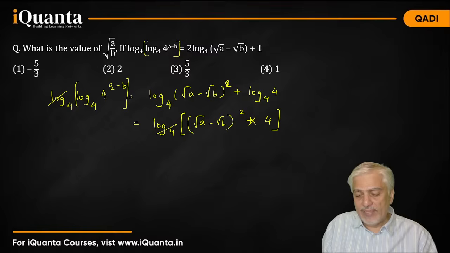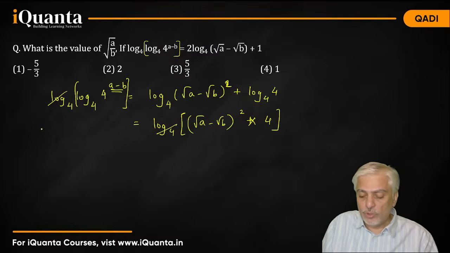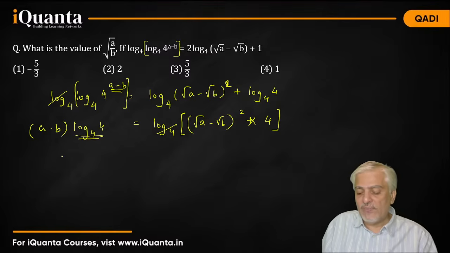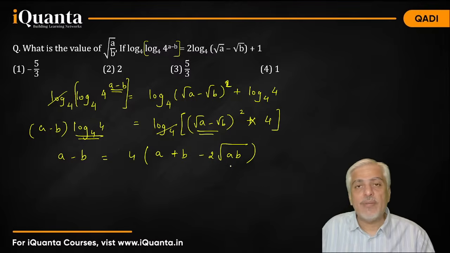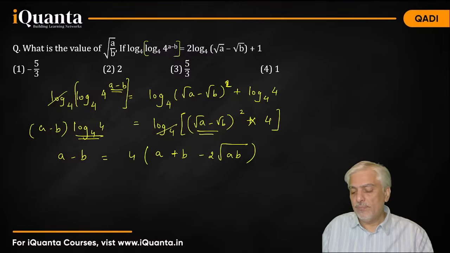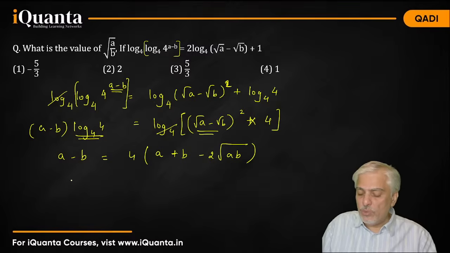Now on the right side, if I bring this A, left side if I bring the A minus B down, I'll be left with only A minus B into log 4 to the base 4, which is 1. So left side I'm left with only A minus B. Right hand side if I expand this, I'll get what? 4 times A plus B minus 2 root AB.